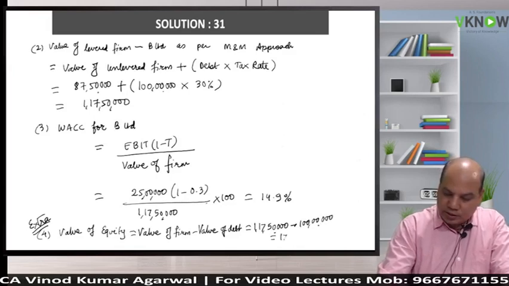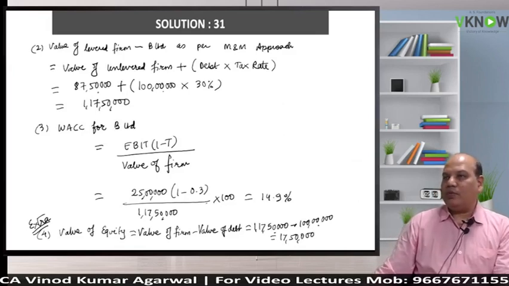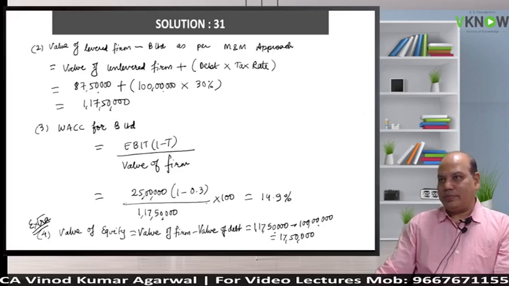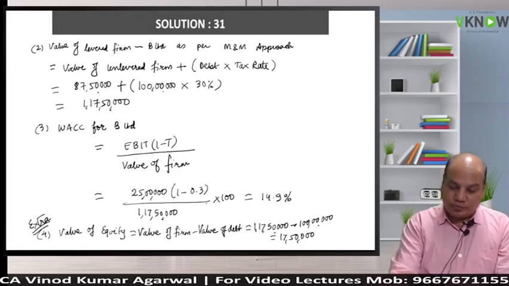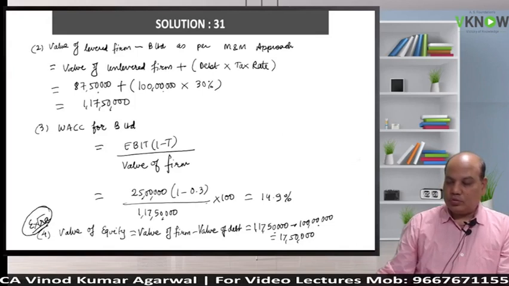So this will be 17 lakh 50,000. This way you can find the value of equity. Is that right? So sometimes they ask you value of equity also. So you can do it like this.